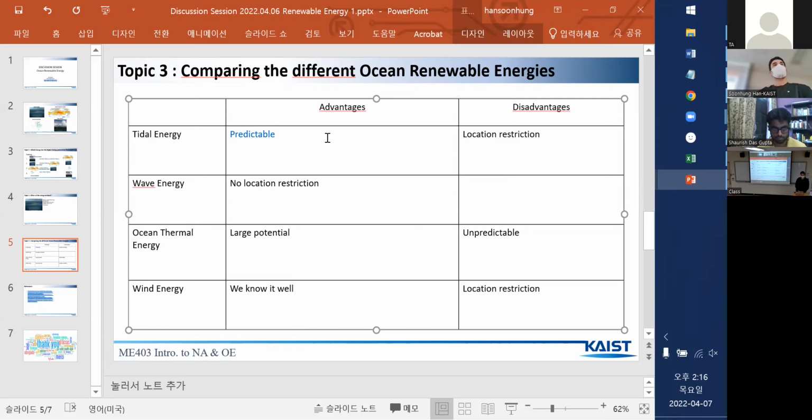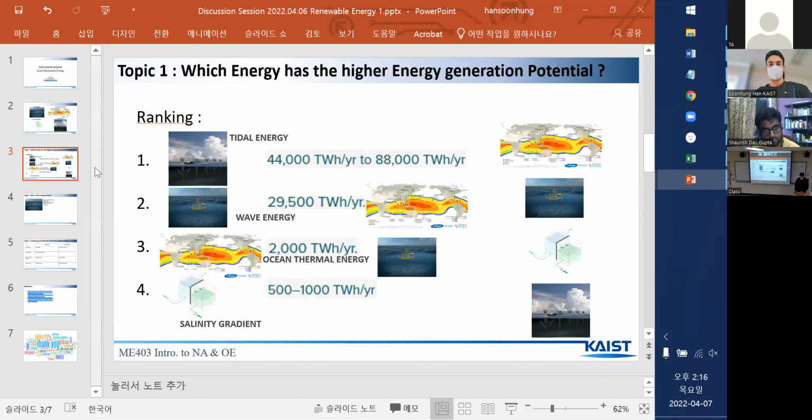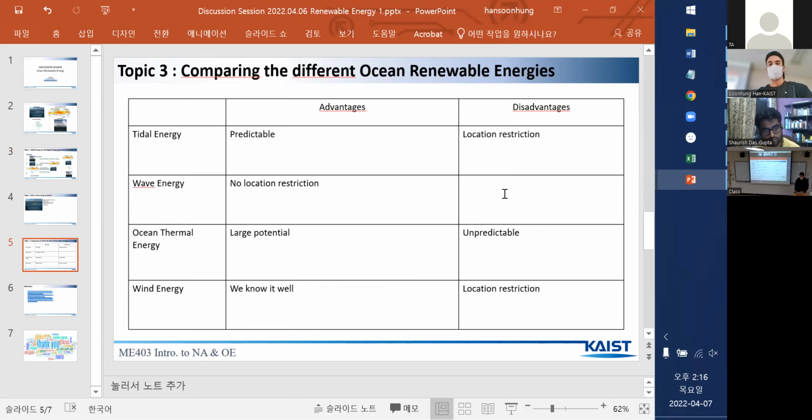And for the disadvantage of wave energy, I think that the potential is quite low. The energy from the waves is hardly extractable.